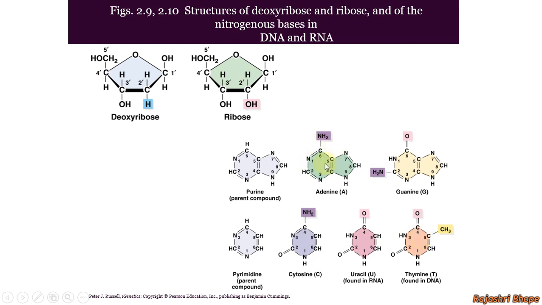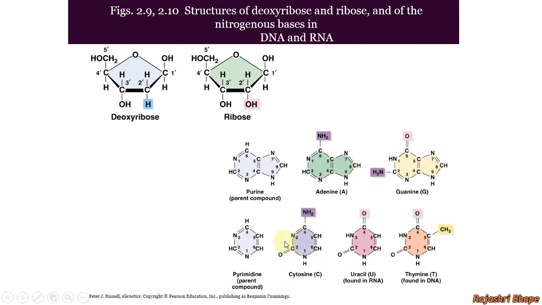Now here if you see adenine, the numbering of the purine starts from this nitrogen, number 1, and runs in an anti-clockwise direction for the first ring: 1, 2, 3, 4, 5 and 6, and then it jumps here to 7, 8, 9 in clockwise form.